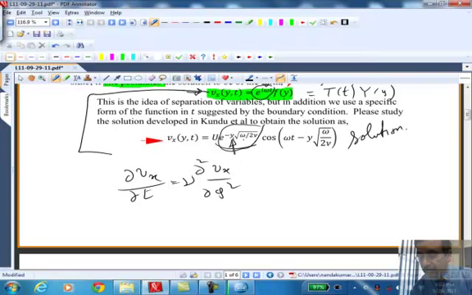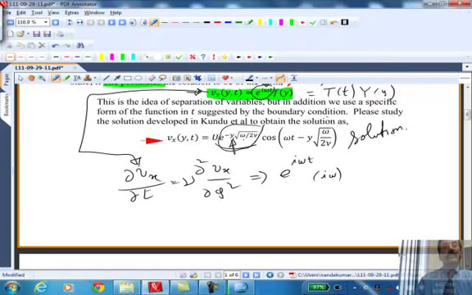When you do that, for example, on the left hand side, what will you get? You will have to take the derivative of that function with respect to time. So it will be the derivative of e to the power anything, which is what? The same, e to the power i omega t times i omega, and then you will have the f of y. You don't take a derivative of that because it's a partial derivative, right?